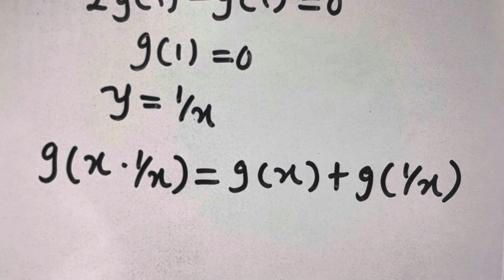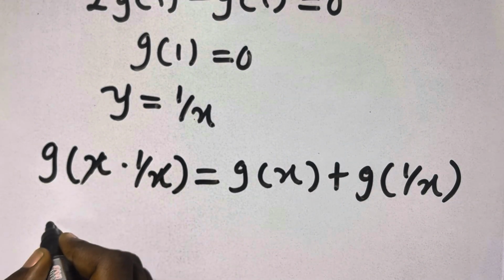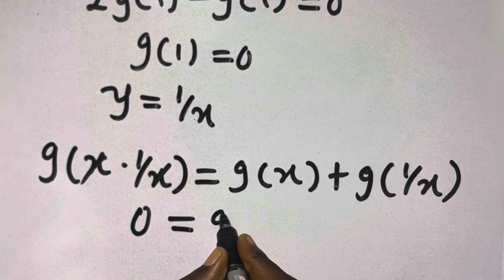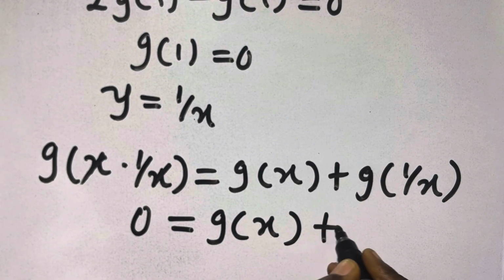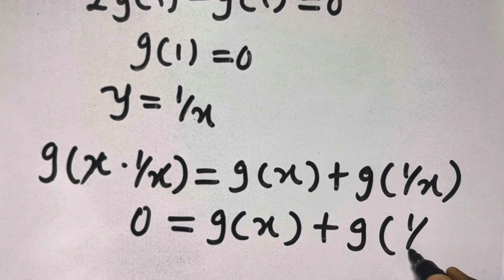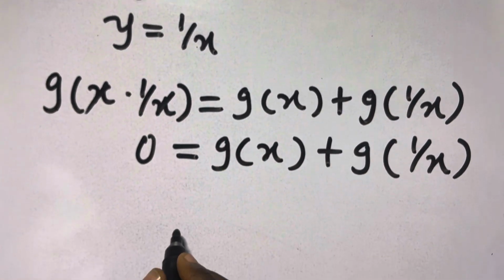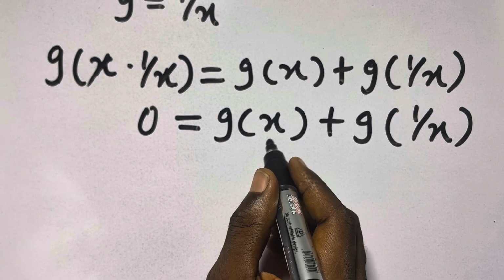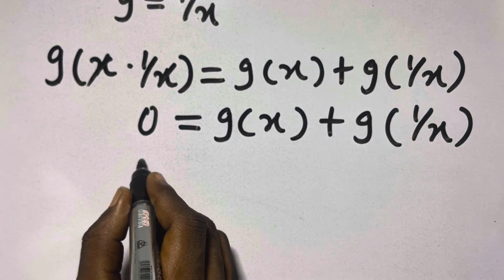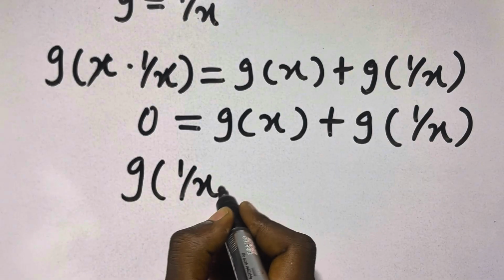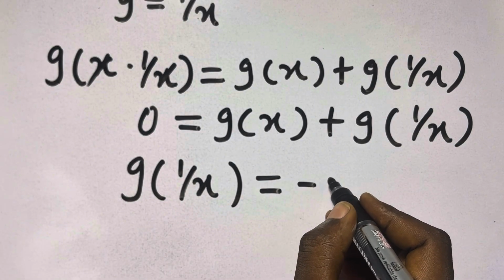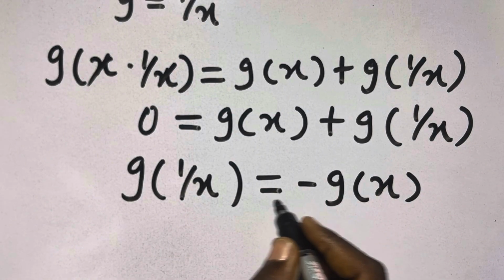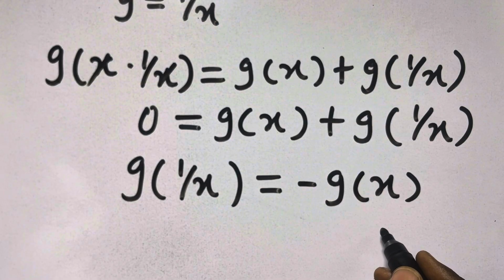Now, don't forget, this will cancel out and we have g of 1, and our g of 1 is 0, so 0 equals g of x plus g of 1 divided by x. Here we can transfer this to the other side so that we have g of 1 divided by x equals minus g of x. Alright, so this is just the inverse.